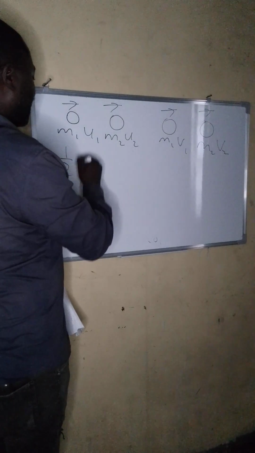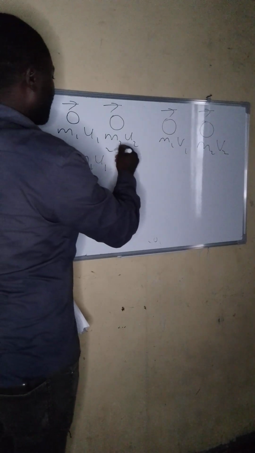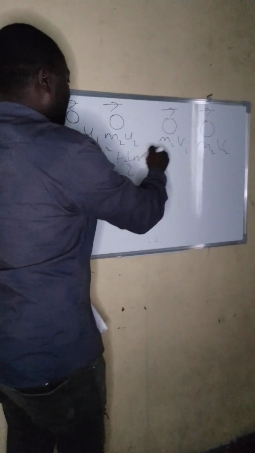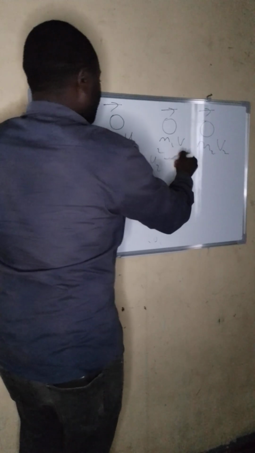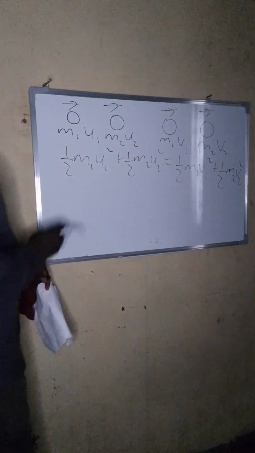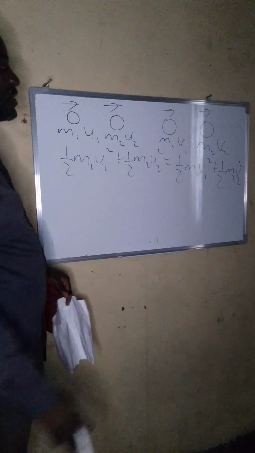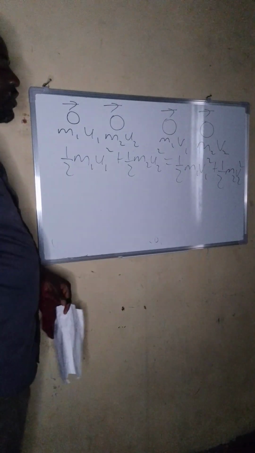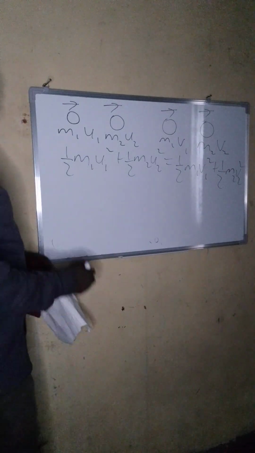If they have collided elastically, it means half m1 u1 squared plus half m2 u2 squared is equal to half m1 v1 squared plus half m2 v2 squared. Kinetic energy is conserved, since this is an elastic collision or a perfectly elastic collision.